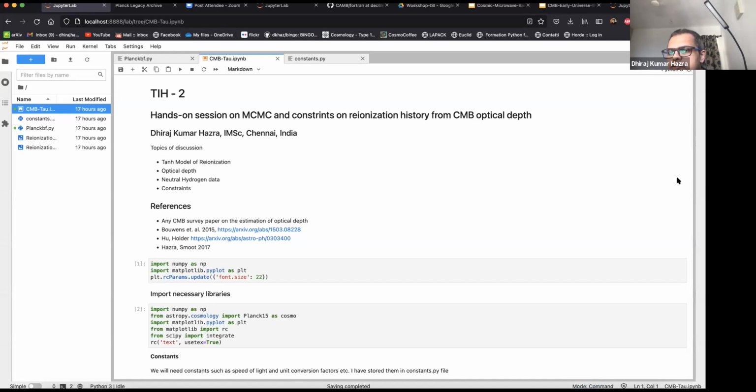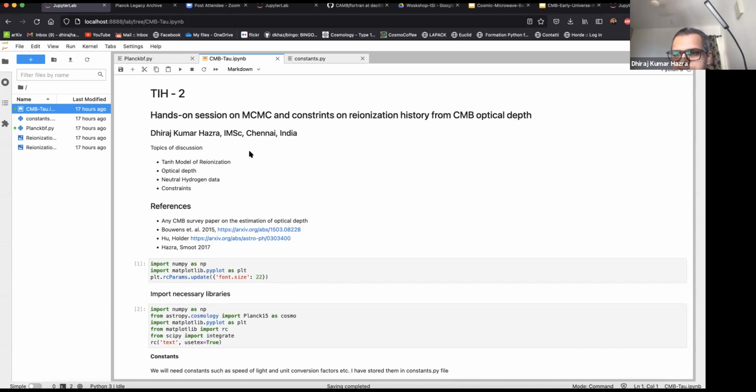This is in the notebooks folder of my SciServer folder. I have copied it just now, or you can just use your computer and use these 3 files. The main file is cmb-tau.ipynb.